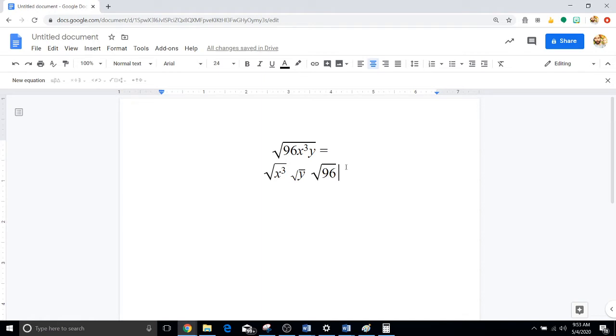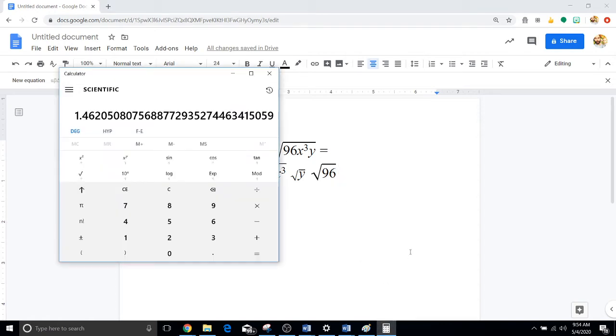Now, it is an even number, so we can divide it by 2. We're going to keep dividing by the smallest prime numbers we can until we can't divide any further. 96 divided by 2 is 48.